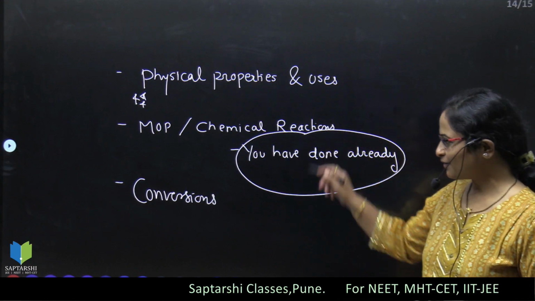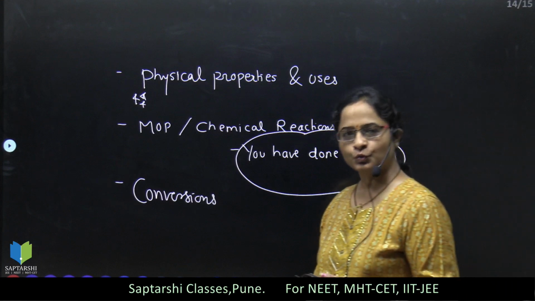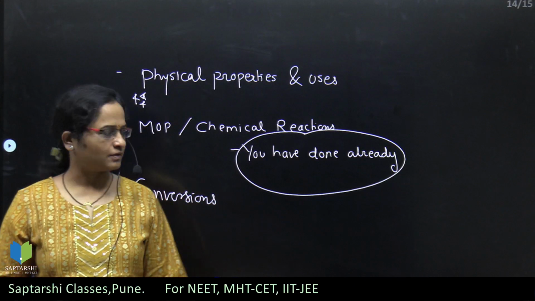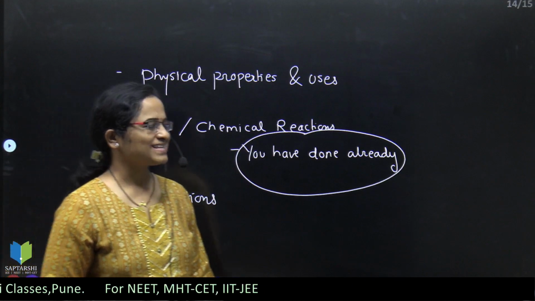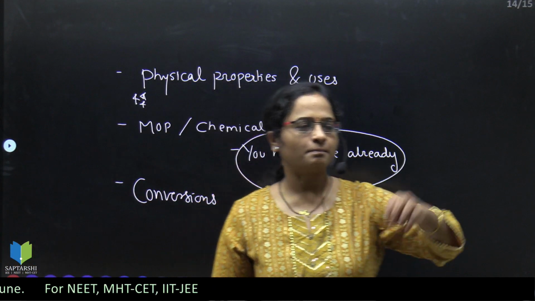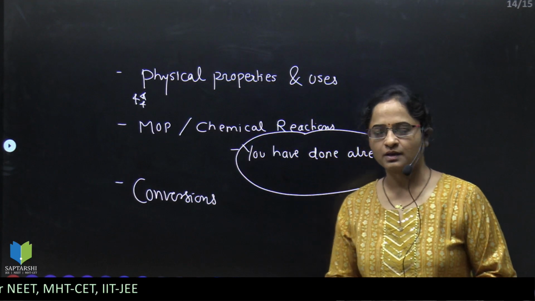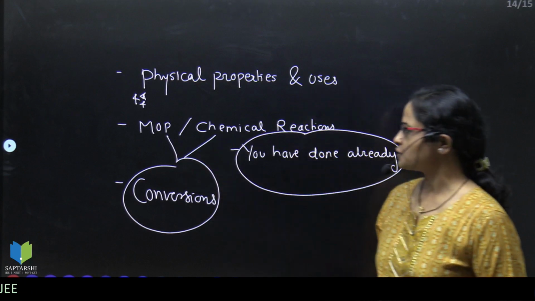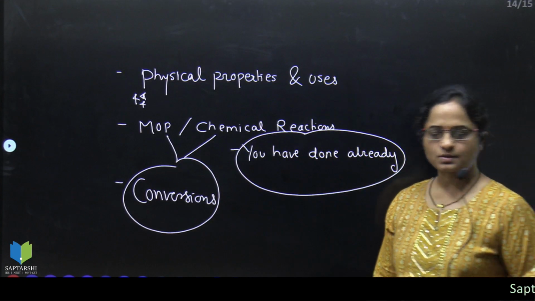If I write it on this board, it will be difficult for you, because you will only do that much. So just believe what you have done so far. Conversions, how you will convert the given compound into X, Y, Z, whatever is given. So conversions are based on these methods of preparation and chemical reactions.